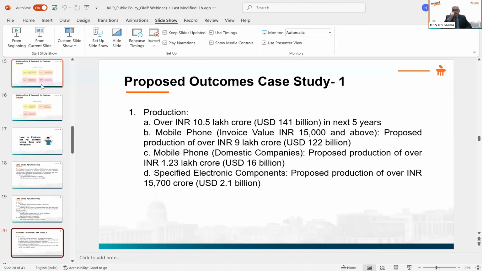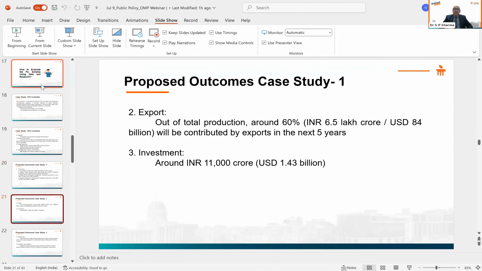So there were specified electronic components, and the proposed production outlay was 15,700 crore. That becomes 2.1 billion. So an export target was set that out of the total production, around 60%, INR 6.5 lakh crore of goods will be exported and will be contributed by the exporters in the next 5 years.